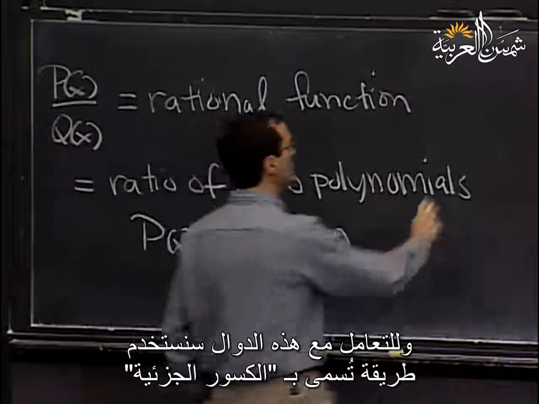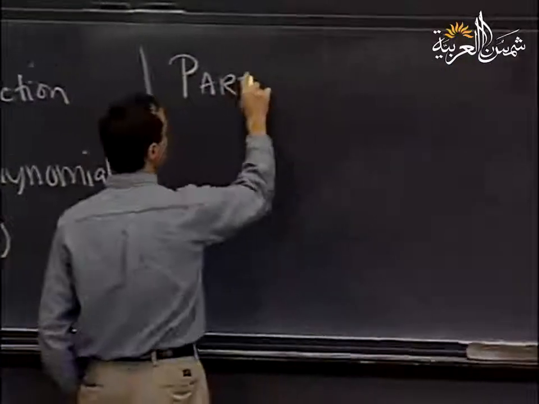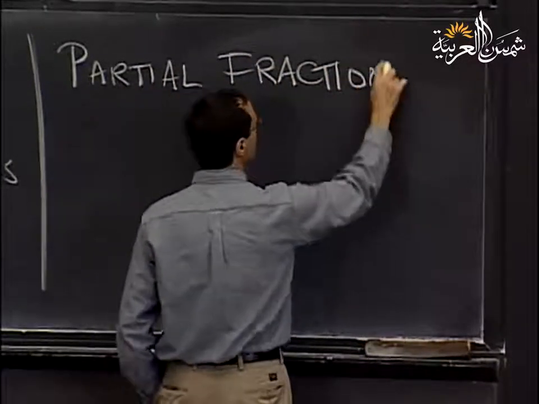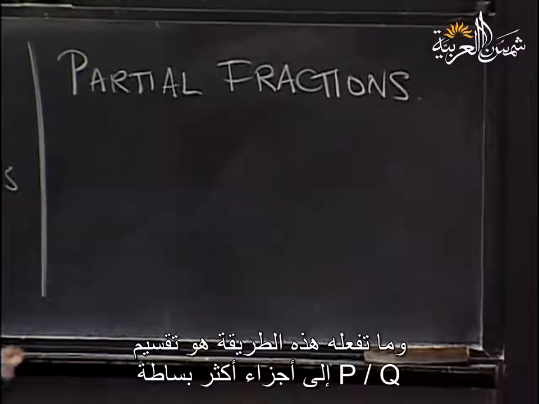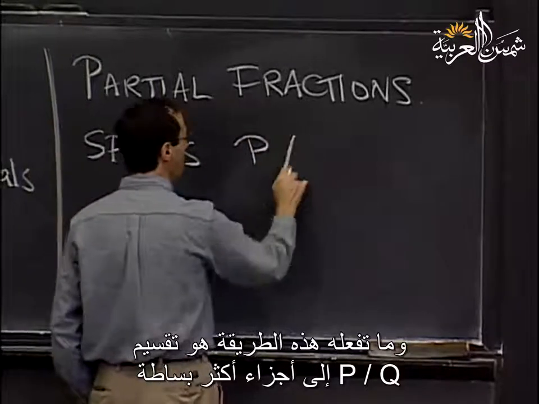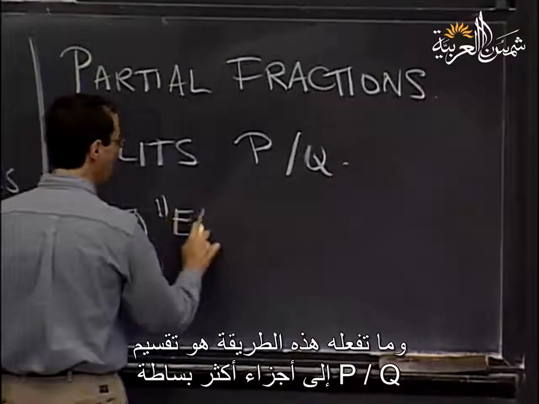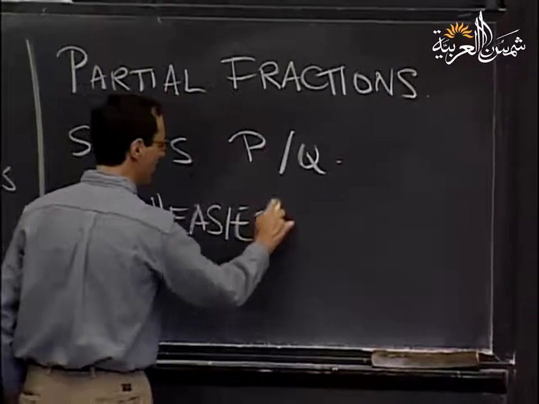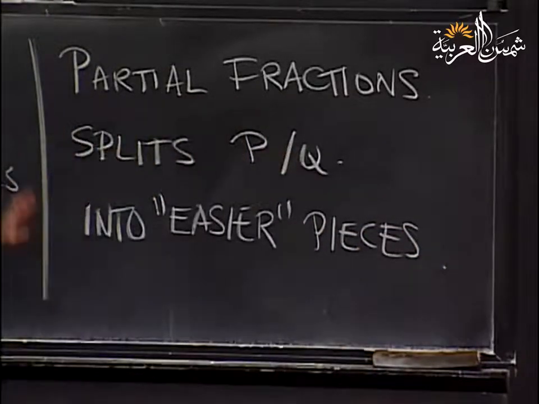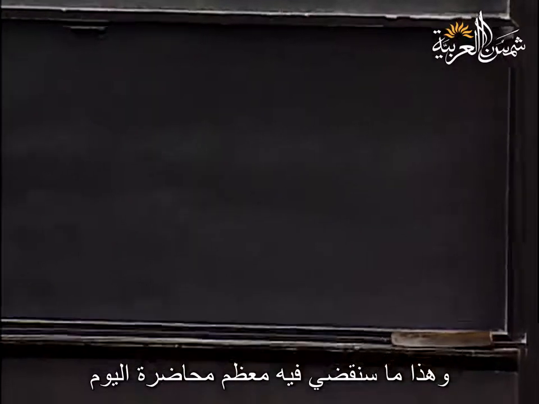We'll handle all such functions by a method which is known as partial fractions. And what this does is it splits p over q into what you could call easier pieces. All right, so that's going to be some kind of algebra, and that's what we're going to spend most of our time doing today.